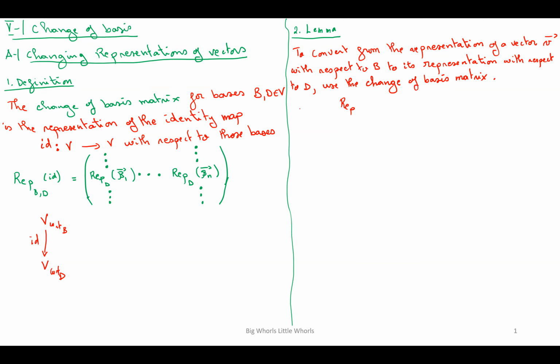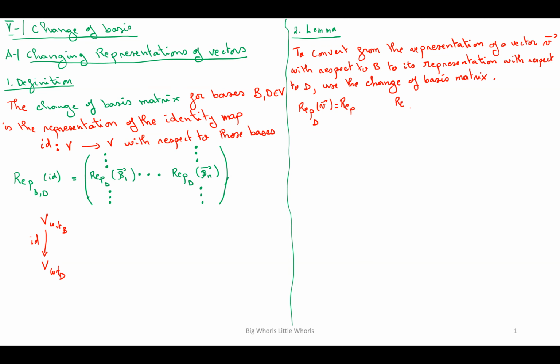So if you want the representation of a vector V with respect to the new basis D, we can just multiply the representation. Okay, let me write it here.